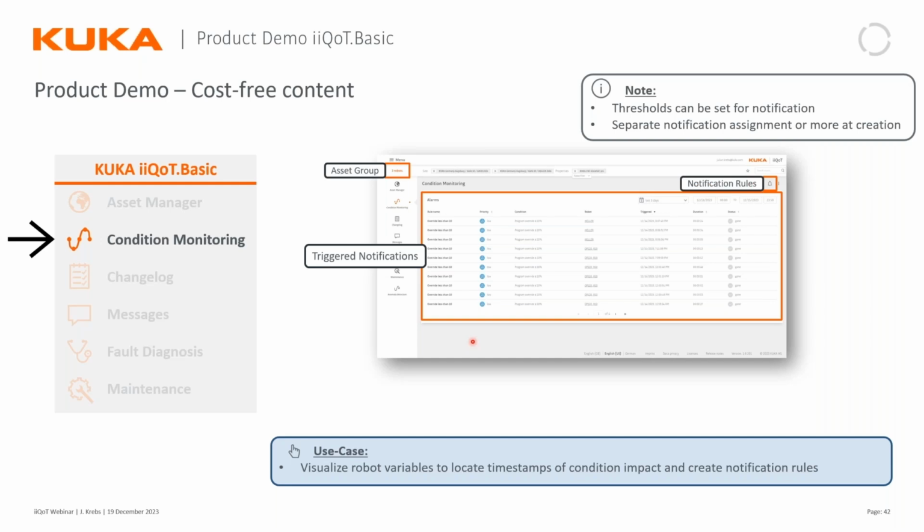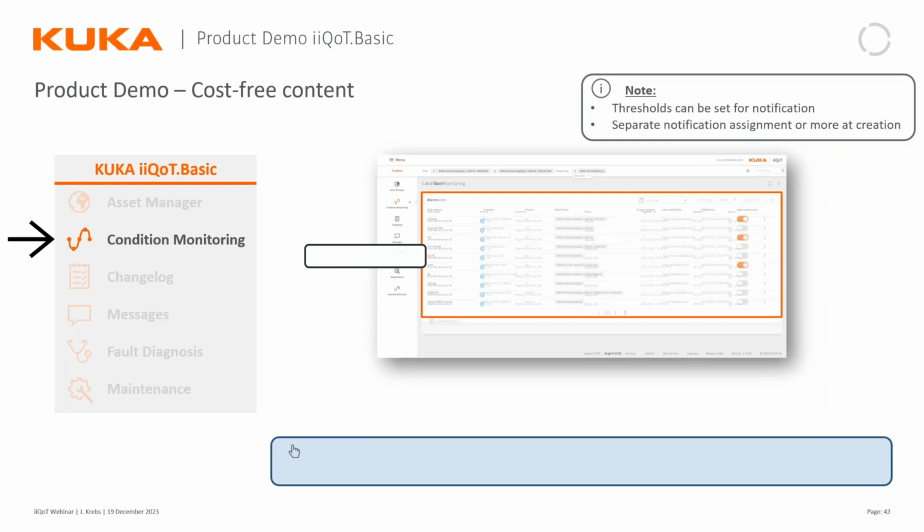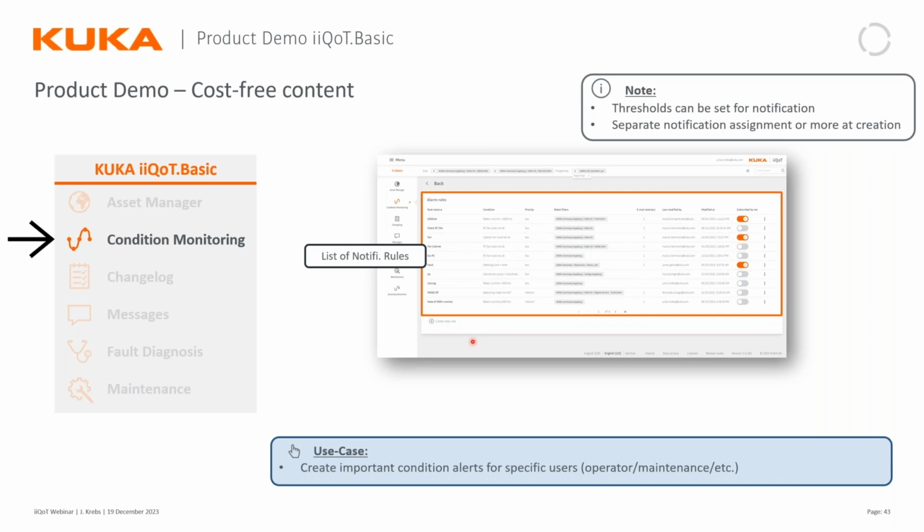And if I click on the top right, then there are the different notification rules where I will find all my different notification rules and which one I am subscribed to. Subscribing means that whenever this condition is being triggered, I will get a notification when that happens.